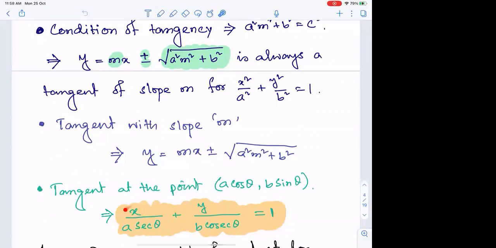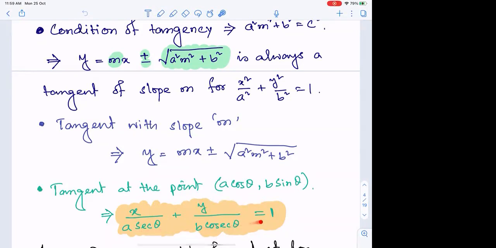So we will replace x square with x into a cos theta. So after cancellation of a, we will have x by a sec theta. Similarly, y square will be replaced with y into b sin theta, and hence the reduced form is y by b cosec theta is equal to 1.